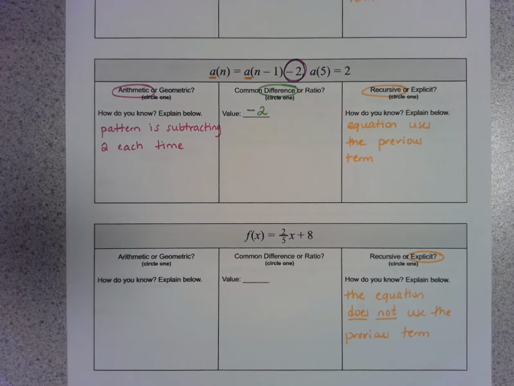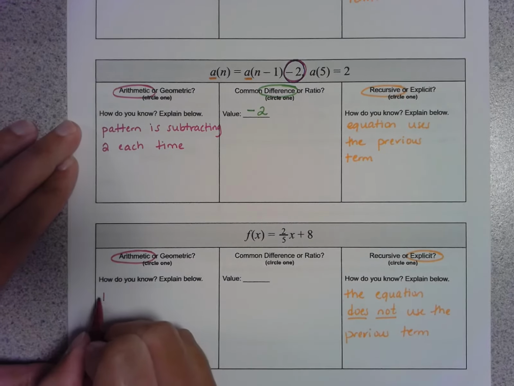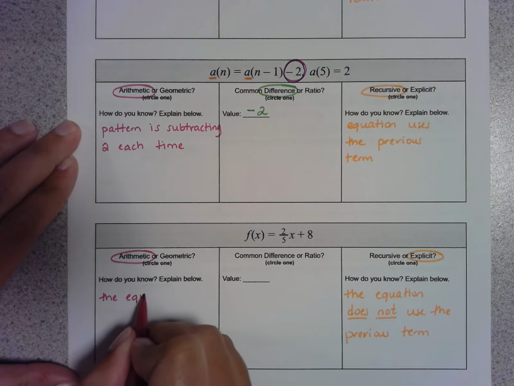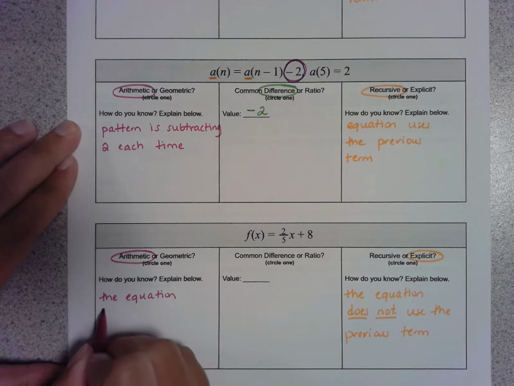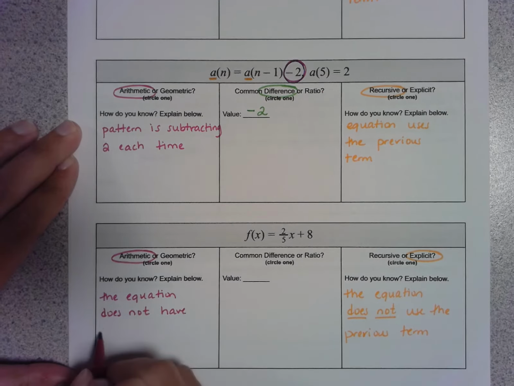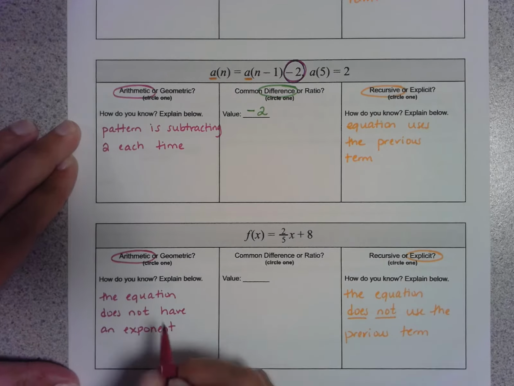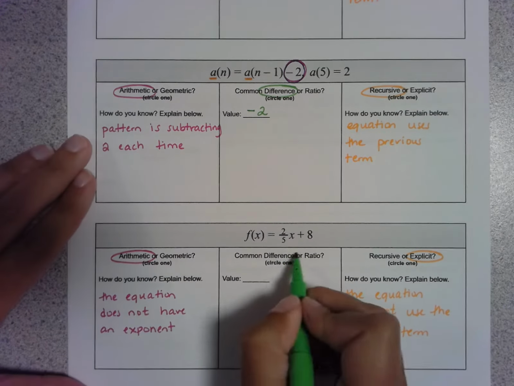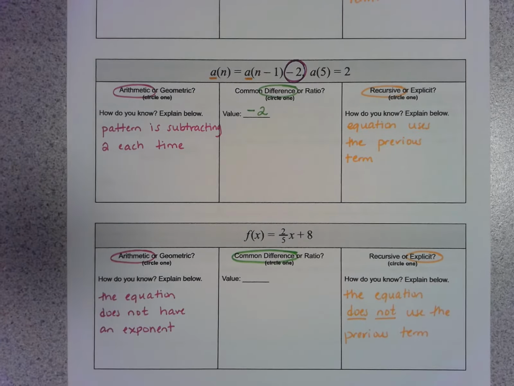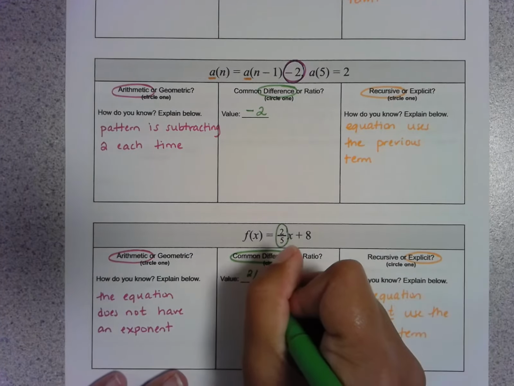Now, based on this equation, because there's no exponent, I'm going to say that it's arithmetic. As soon as I know that the equation is arithmetic, I know that it has a common difference. And the common difference is always the number attached to the variable, whether it's at the beginning or the end of the equation. So in this case, that would be 2/5.